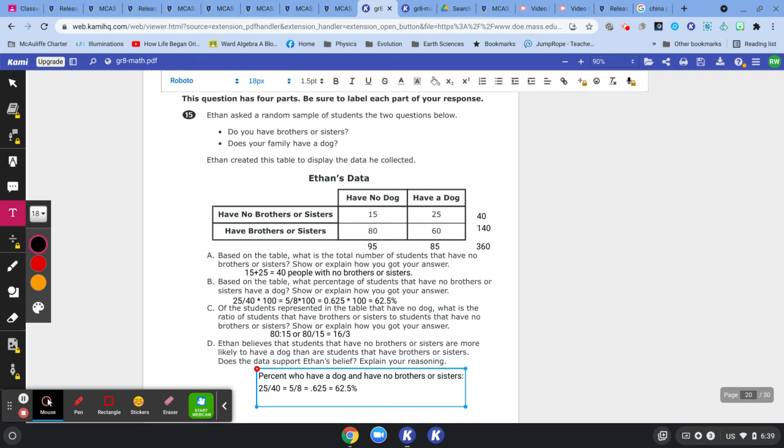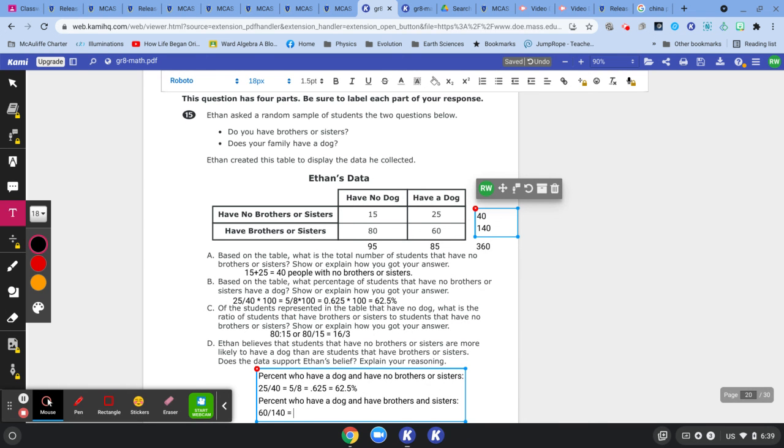Now we want to figure out the percent who have a dog and have brothers and sisters. Okay, and that will be 60 out of 140. So 60 out of 140, okay, and that equals, we can factor 20 out of numerator and denominator.